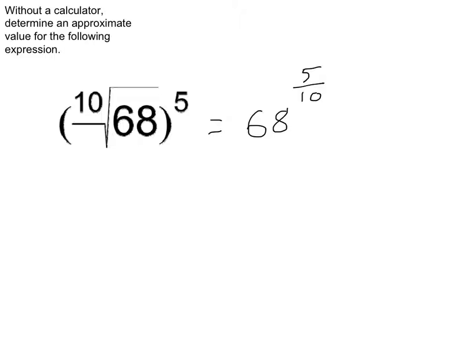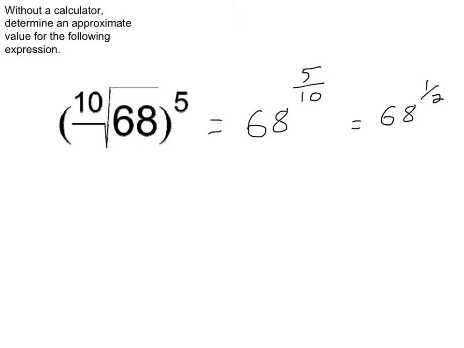Well, when I look at my exponent, it's just a fraction, 5/10, which can actually be reduced. So 68 to the 5/10 would be the same thing as 68 to the 1/2. And when I look at that there, I think I could rewrite that in a simpler radical.